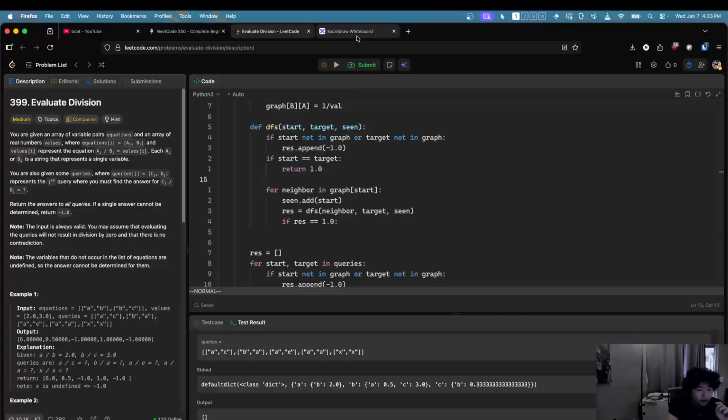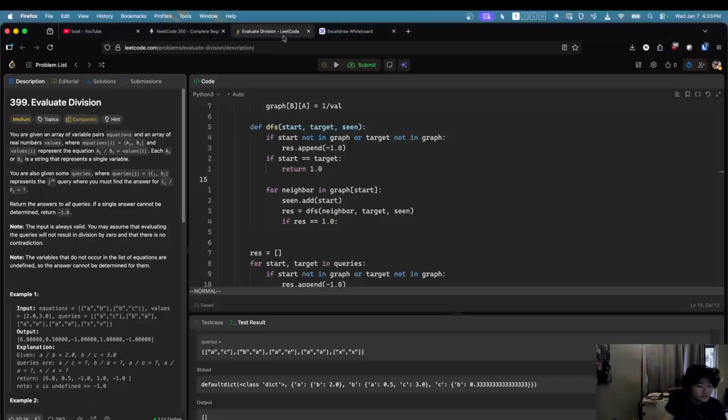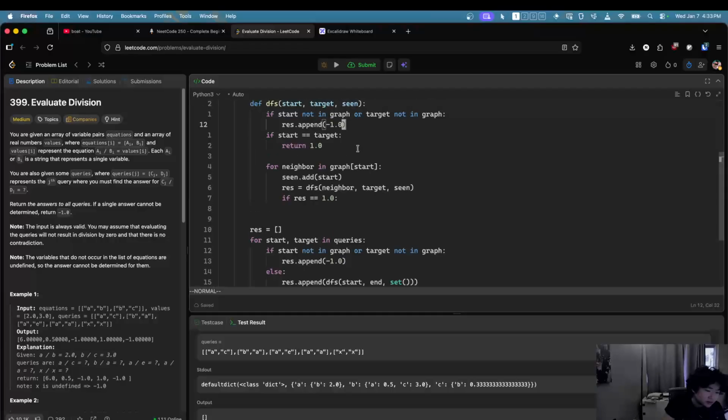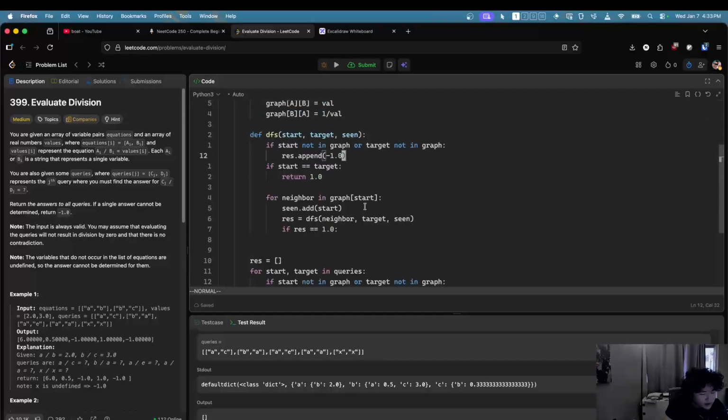I could have started from b, went to c, and that wouldn't be negative, but it's not the target. So we would keep going, and it would return something else. So do I need this actually?